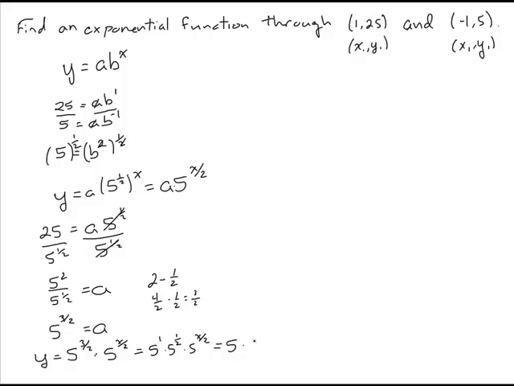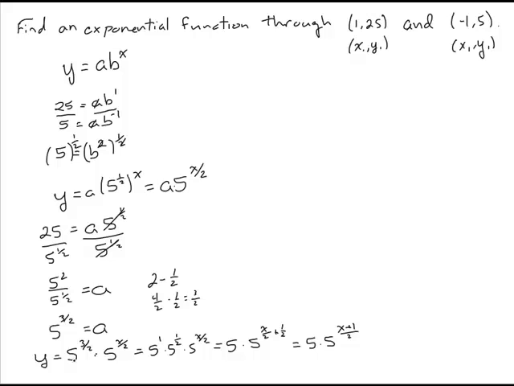So we could write this as 5 to the x over 2 plus a half. And those already have a common denominator. So 5 times 5 to the x plus 1 over 2, which is a little cleaner. You can decide what method is best.